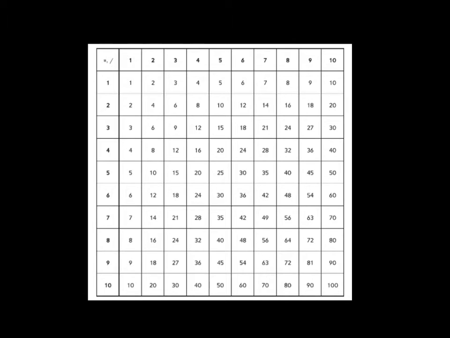Then I'm going to add 5 to 10, which is going to give me 15. I add 5 to 15, which gives me 20. Add 5 to 20, which is going to give me 25. So the multiples of 5 would be 5, 10, 15, 20, 25, 30, 35, 40, 45, and 50. And of course we can keep on going and going, but our chart only goes to 10.